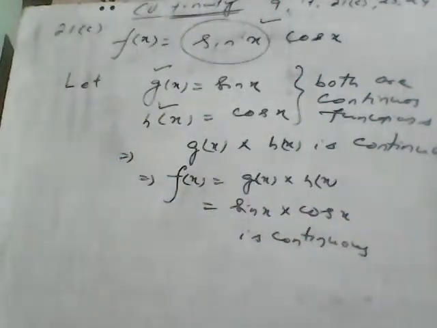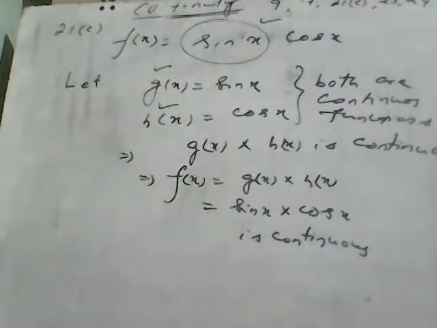In theoretical terms, you can write that here we are using the property that if two functions are given, then the product of their results is also a continuous function. Product of two continuous functions is also continuous. This is your property.